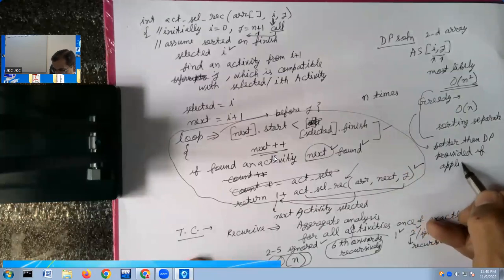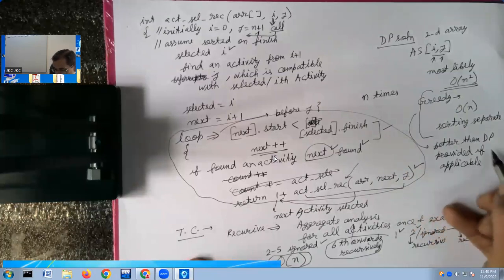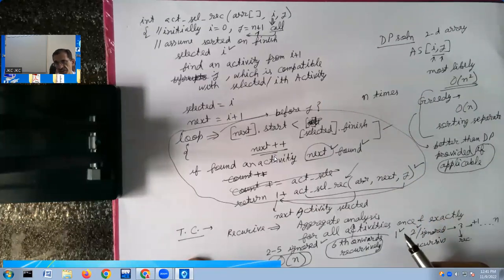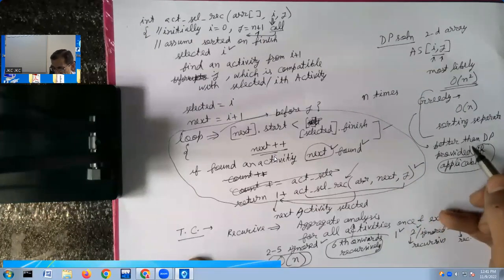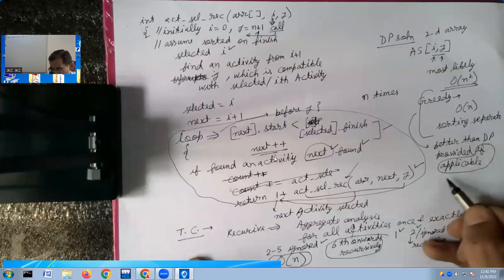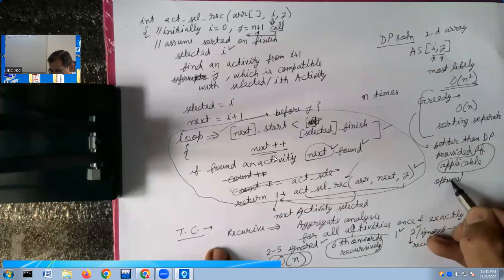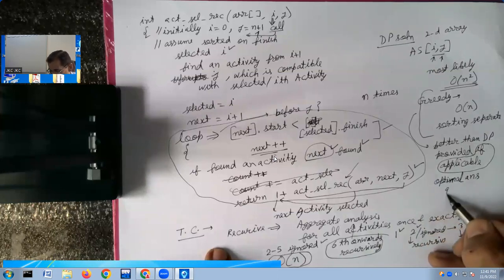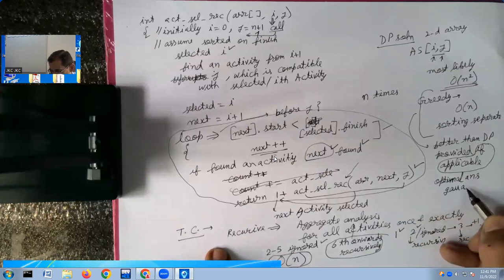If greedy algo was not applicable, obviously it will not be the best solution, even if better time complexity. So better than DP in terms of time complexity also, and optimal answer was guaranteed. Optimality you have to guarantee. Only then you will go for this particular algorithm.